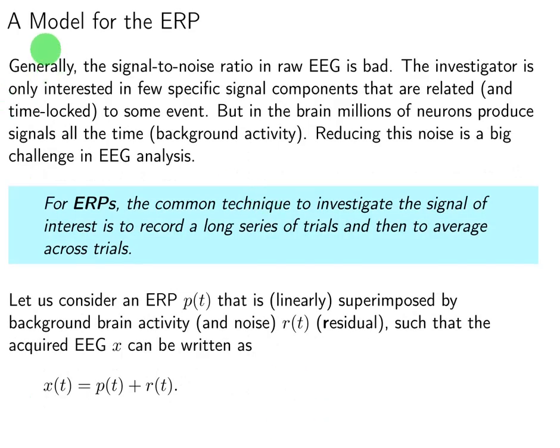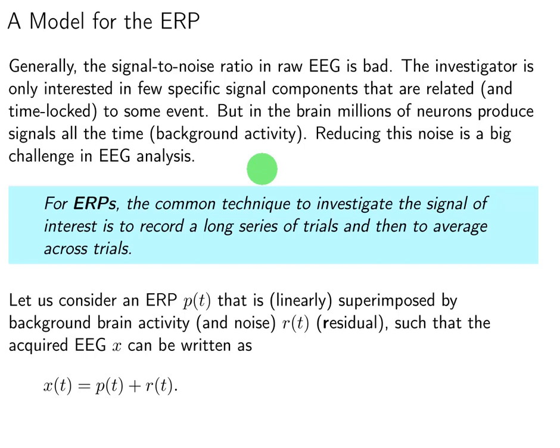We can now try to provide a model for ERP. Generally the SNR, or signal-to-noise ratio, in EEG is very poor. As an investigator, you are interested in a few specific signal components that are related to some event or time-locked, for example the P1, a positive deflection, or a negative deflection.